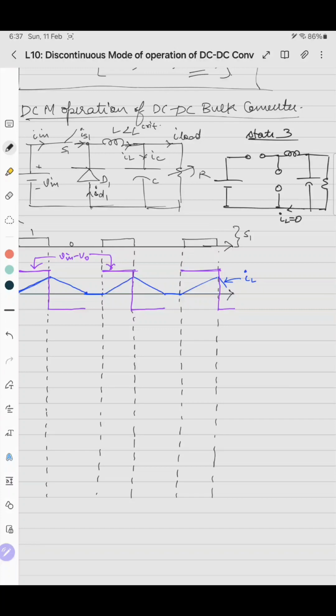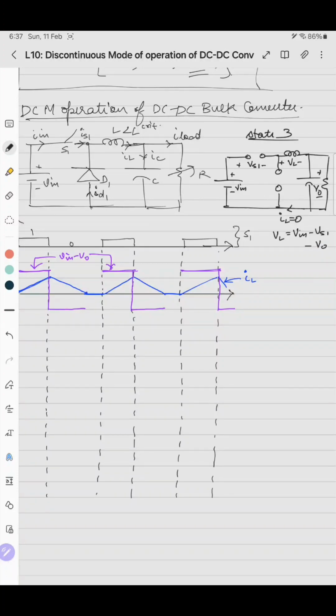This is plus minus Vin, this is VS1, this is VL, and this is V0. If you apply KVL, it will be VL equals Vin minus VS1 minus V0.